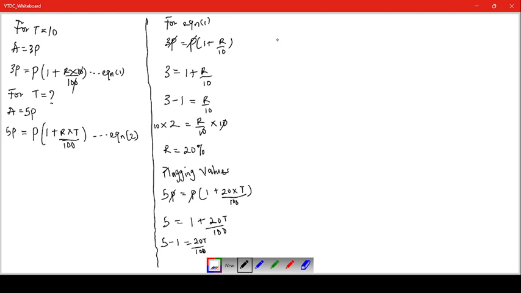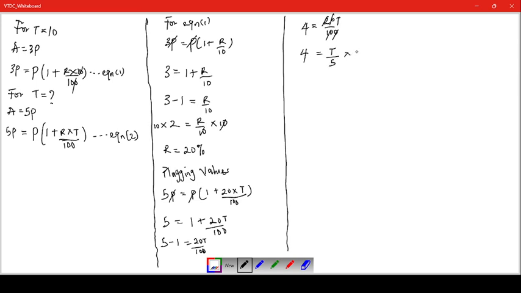So at this point, we have 4 is equal to 20t over 100. And here we are looking at this goes here, this goes here. 2 divides through, this divides through, and then we have 4 is equal to t over 5.